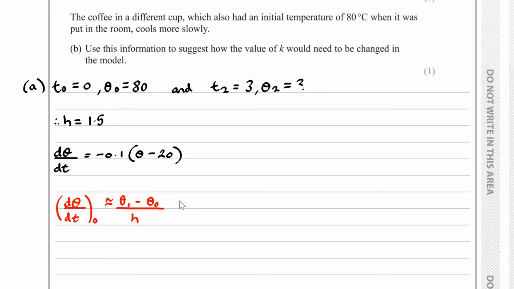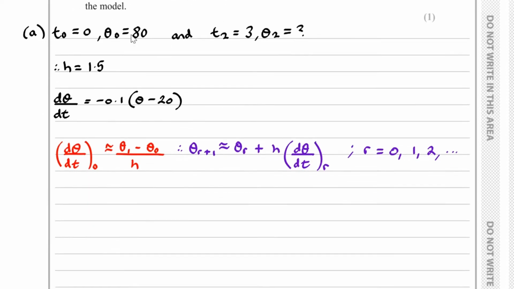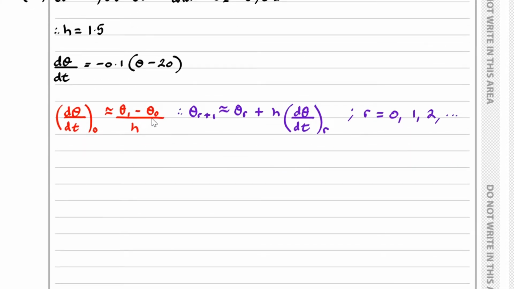That's to say that theta r plus 1 is approximately theta r plus h lots of d theta over dt r, where r is equal to 0, 1, 2, etc. Okay, so what we can now do is work out our approximation for theta 1 and then theta 2.